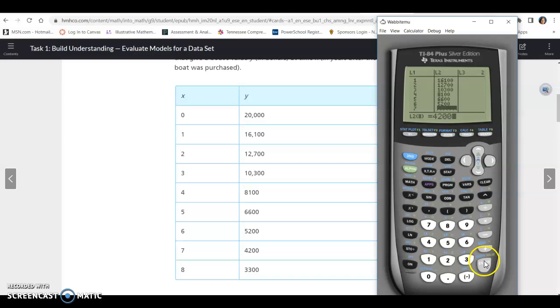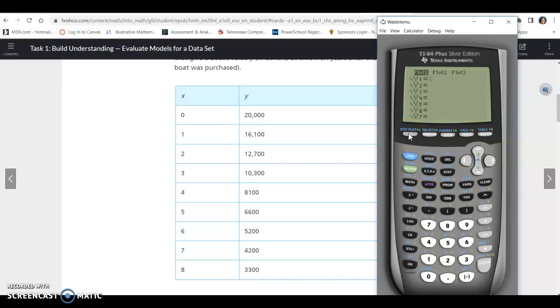You're only going to get accurate data if you have the correct numbers in your table. All right, so once I have my table set, now I can go back to Y.